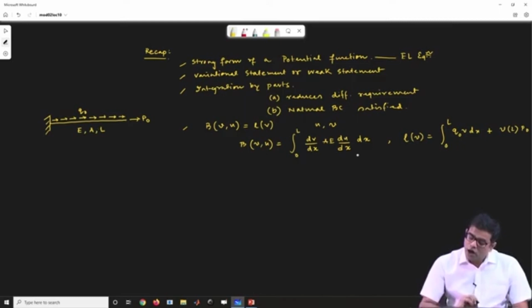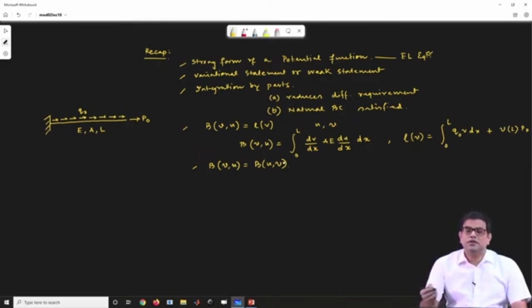While doing so, we also found that this bilinear form is symmetric. What does symmetry mean? It means that if I change the arguments of the bilinear form, B of V comma U must equal B of U comma V. This is the symmetric bilinear form.